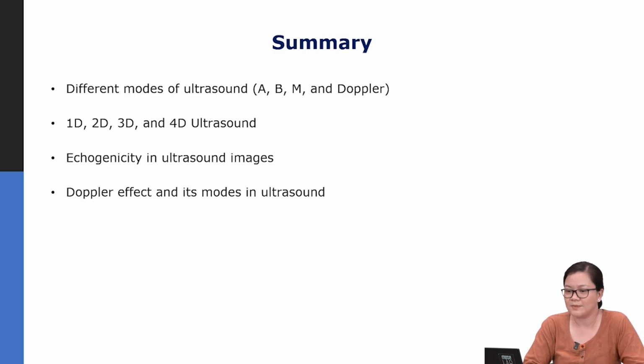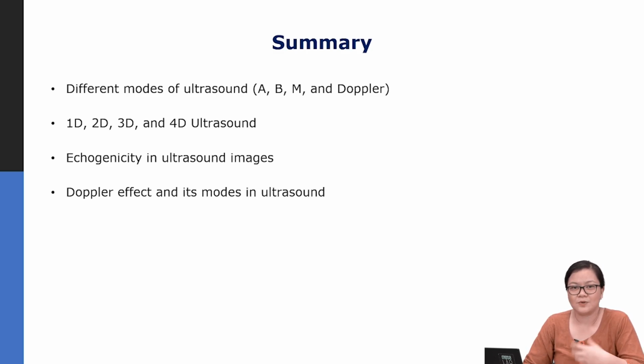And we also talked about Doppler. Doppler mode imaging is used for mapping the blood flow in tissues. We also talked about how ultrasound can be used for 3D as well as 4D ultrasound, looking into changes in the tissue motion as a function of time.